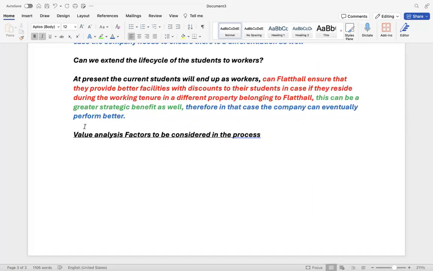So value analysis factors to be considered. Generally, the customer perceives a brand based on the value they are receiving. Correct, no, students? The customer perceives a brand based on the value they are receiving.